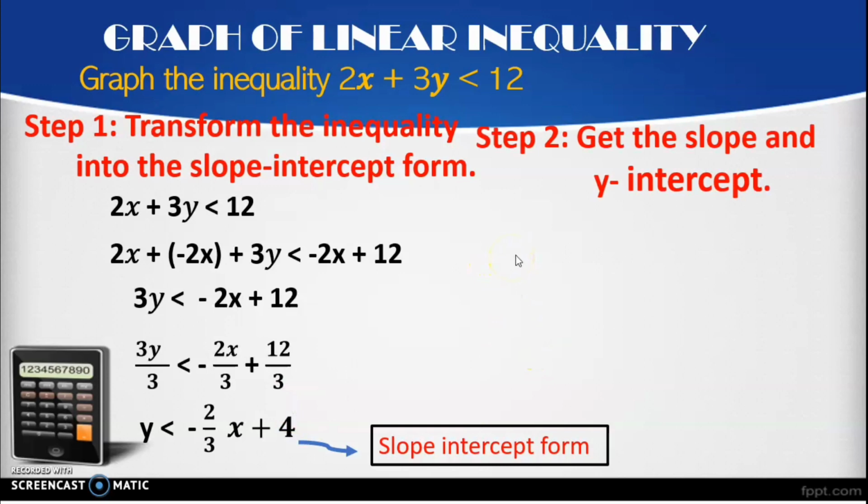Step number 2, get the slope and y-intercept. Our inequality, y less than negative 2/3 x plus 4. Our slope is negative 2/3. Then, our y-intercept is 4.